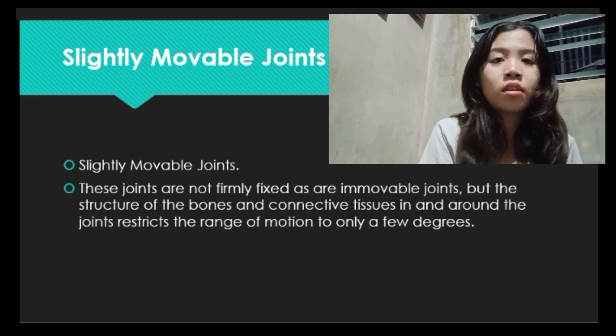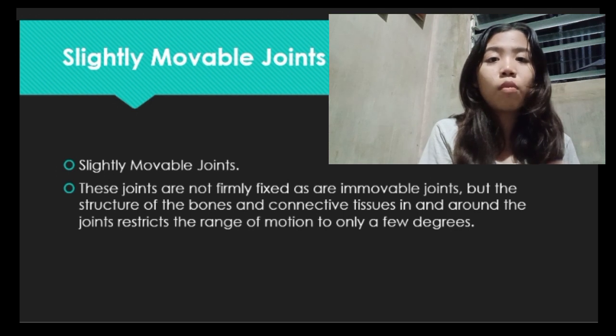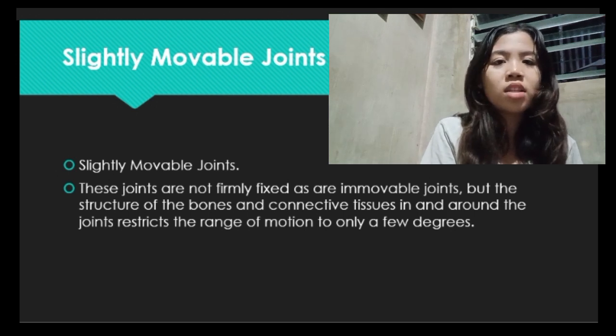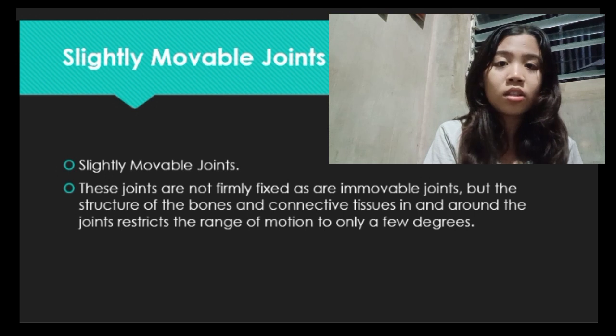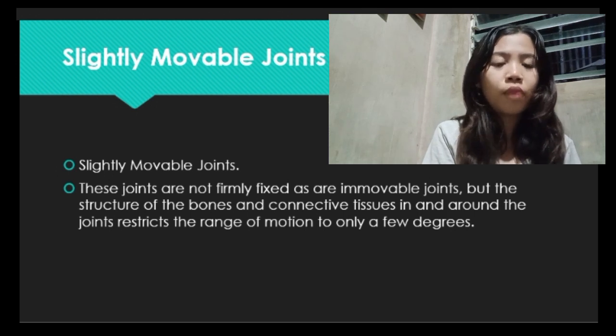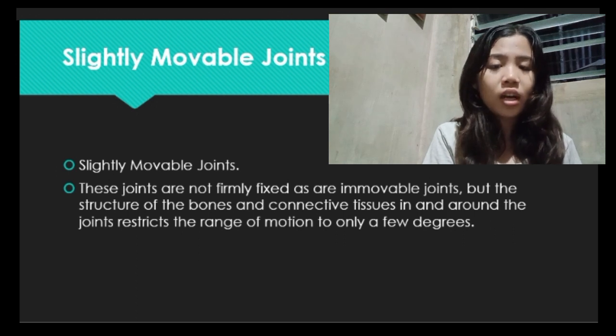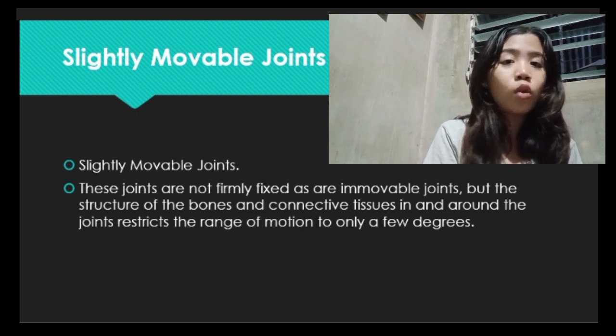So here's the explanation. Slightly movable joints, also known as amphiarthrosis, allow a small amount of movement, but not as much as freely movable joints. The bones in these joints are usually connected by cartilage, or what we call fibrous connective tissue, which restricts the range of motion.